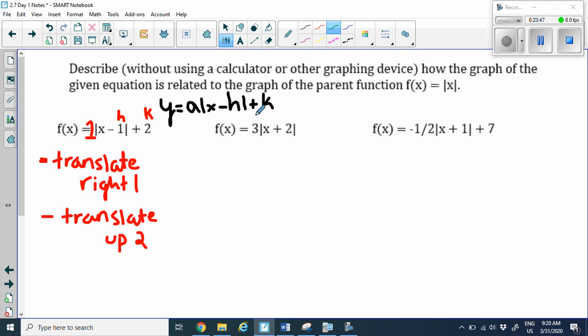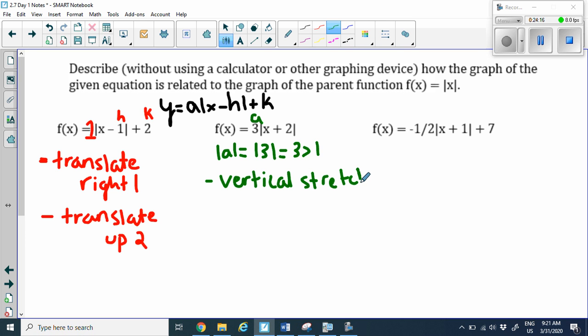Notice that I do have an a value here. So let's take the absolute value of a. So the absolute value of 3 is just 3, which is greater than 1. So that means we do have a vertical stretch. Now, there's no negative, so we don't have a reflection, but I also have an h value here.